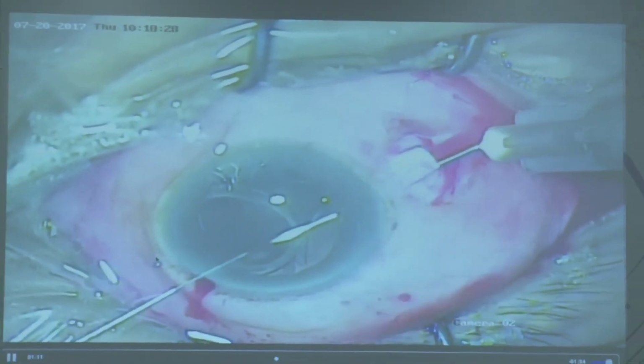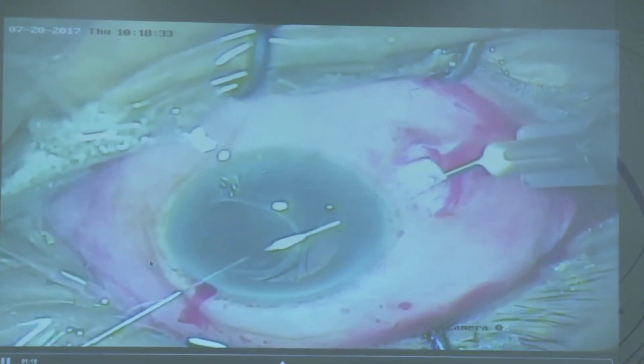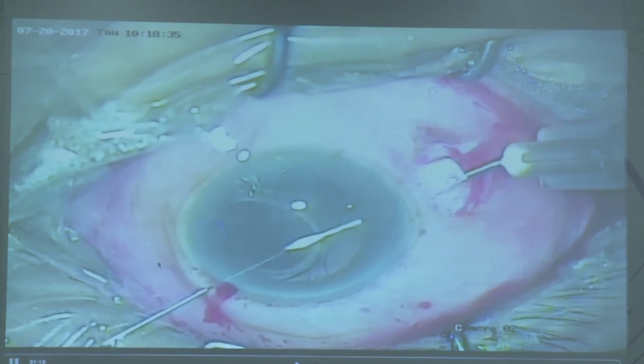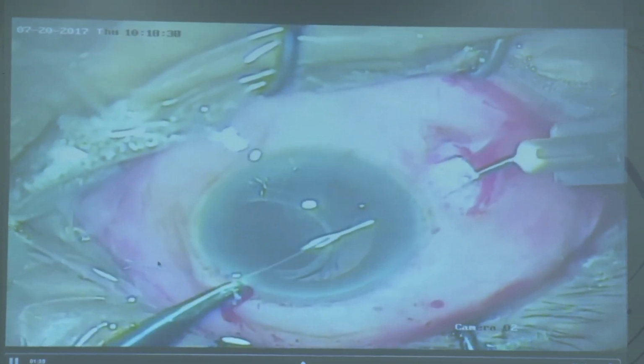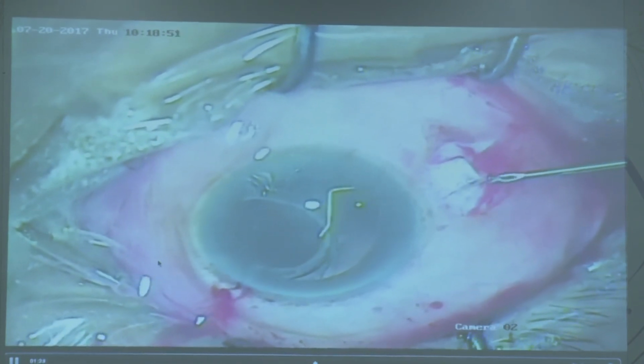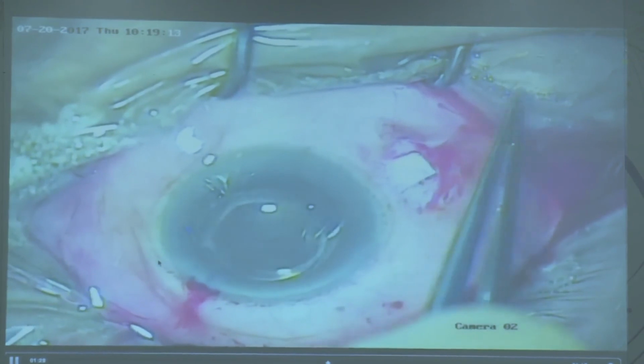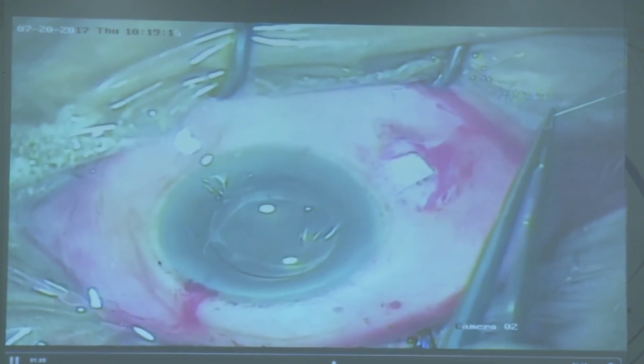And the second one, the same needle through a railroad technique, you bring it out of the posterior of the scleral pocket, anterior to the haptic-optic junction. So you have a fixation point at the haptic-optic junction, and you pull the lens, and here it gets centered.